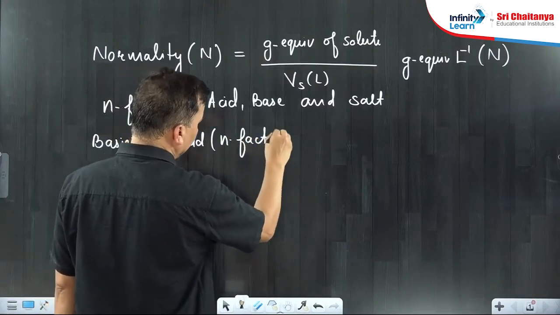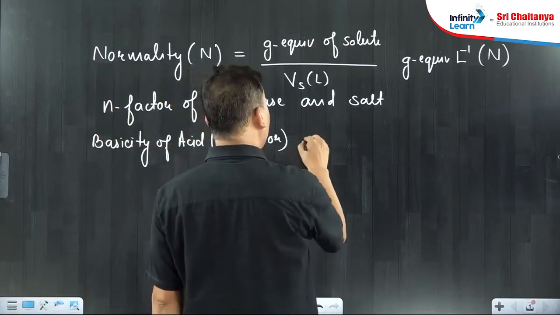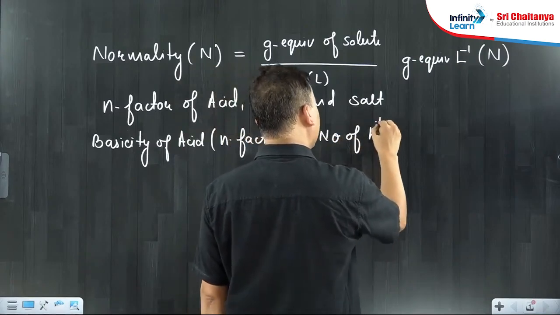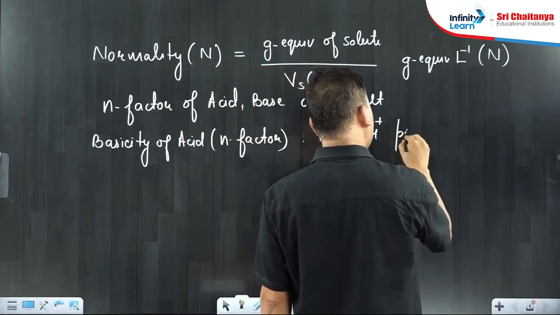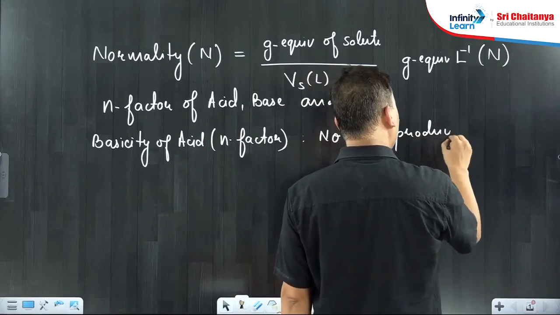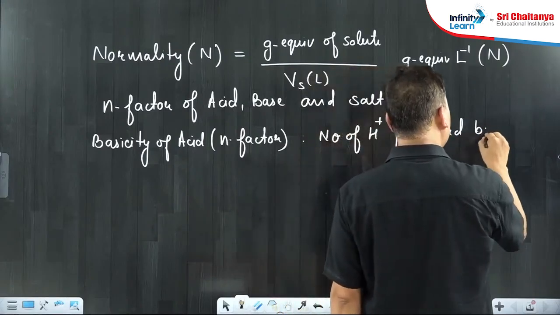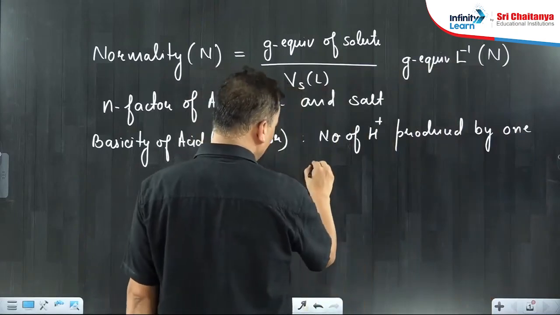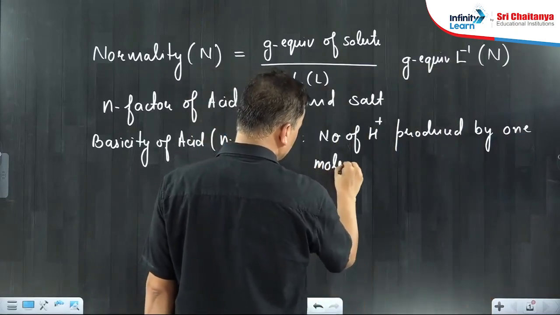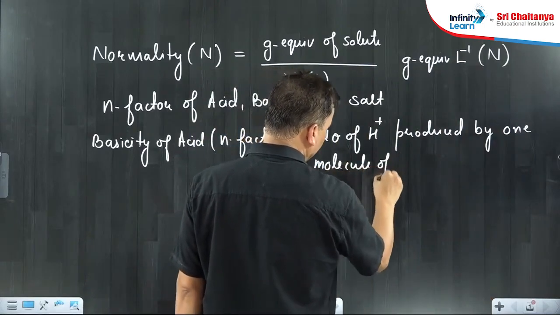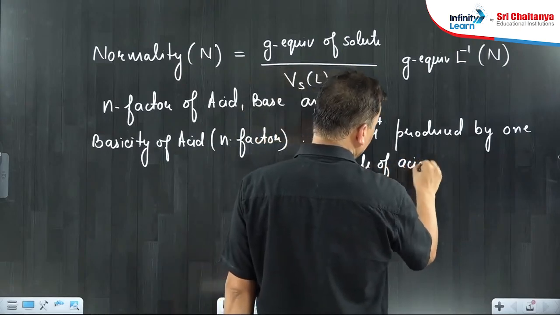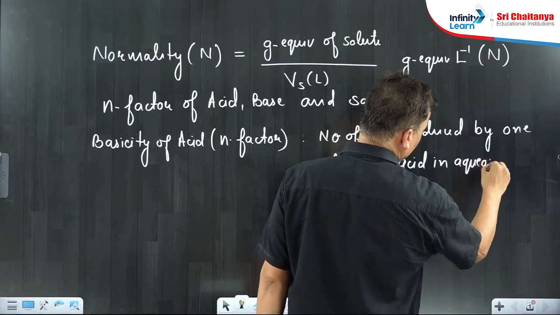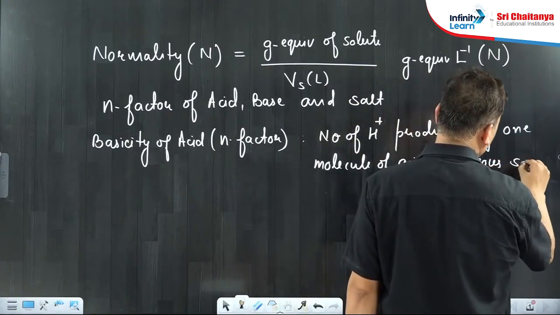So what is that N factor? That is the number of H positive ions produced or furnished by one molecule of acid in aqueous solution. You got it or not?